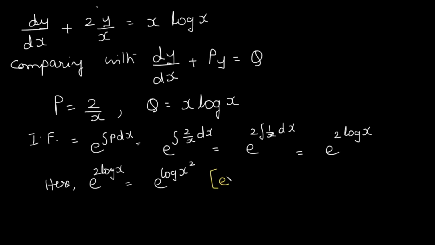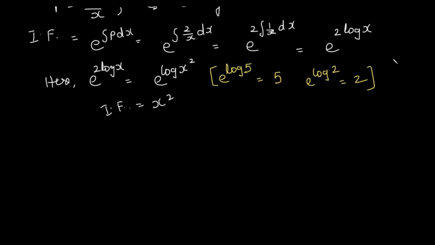If we have e raised to log x, say log 5, it can be written as 5. e raised to log 2 can be written as 2. That means e raised to log x square becomes just x square. So our integrating factor is equal to x square, as you can see over here. Now the solution of the equation.